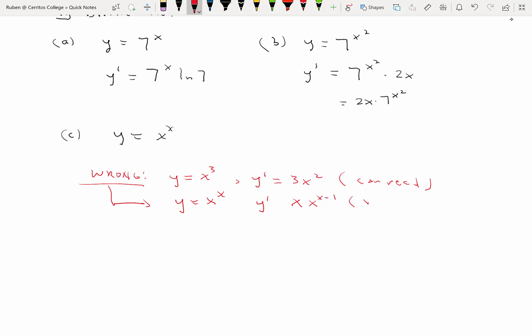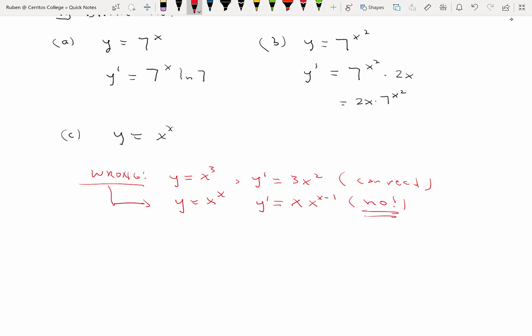This is an absolute no. There's nothing in Calc 1 that says that we can do this. I don't even want to put equals here. This is just not true. We can't do that.